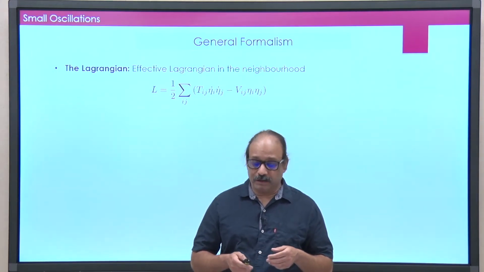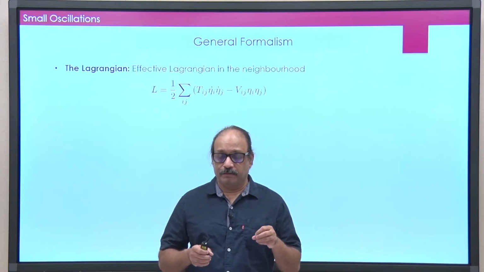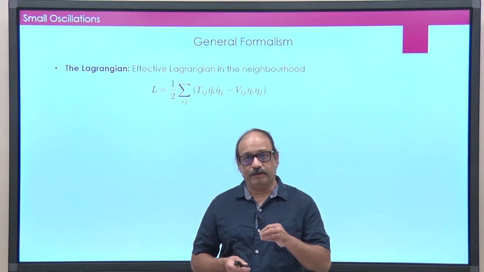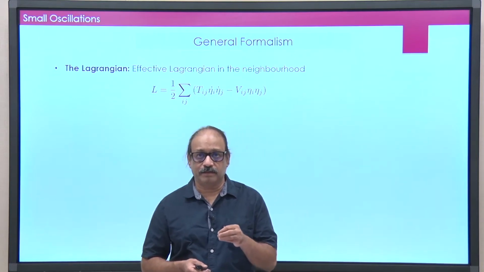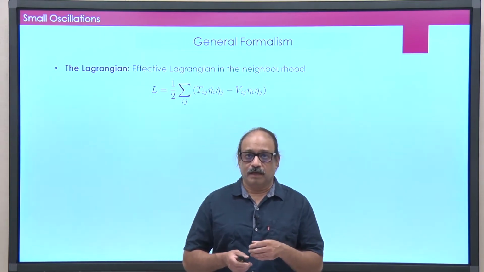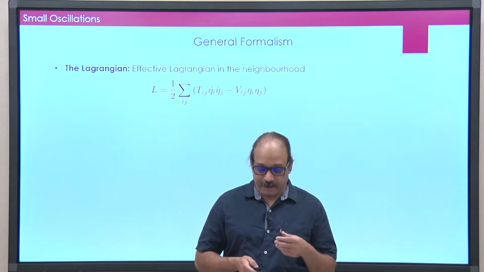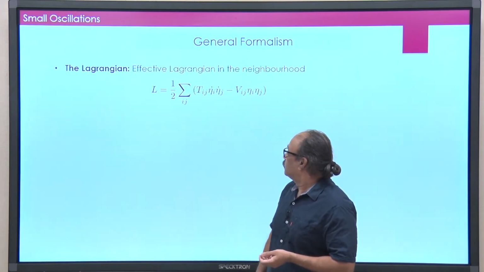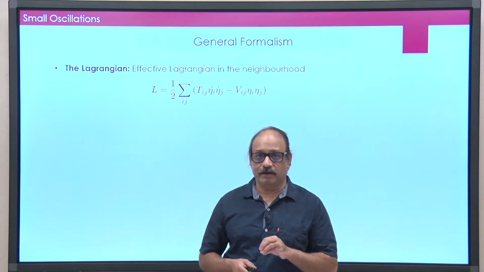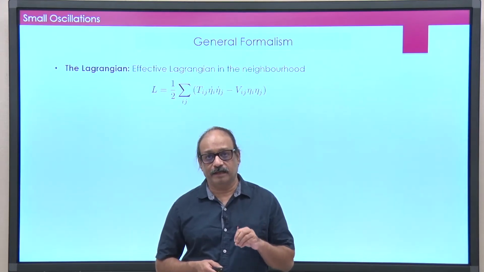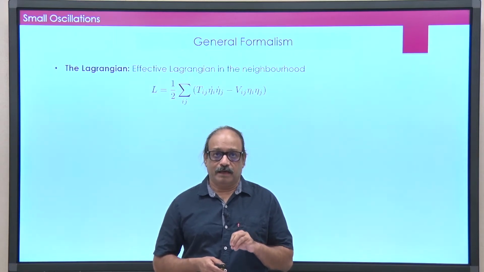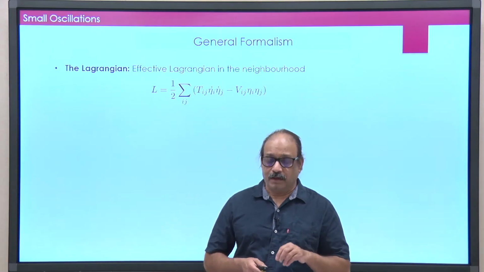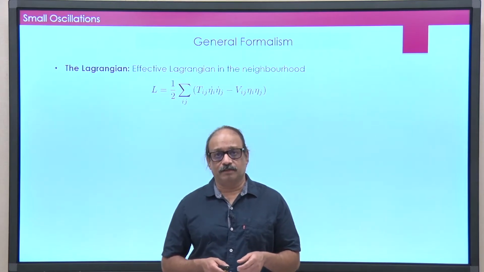Okay. So, small oscillations basically means that you have a system and there is a stable equilibrium, and if you take very small deviations from the stable equilibrium, then of course, you get the linearized system, the Lagrangian for which we wrote in our lecture as half of T_ij eta_i dot eta_j dot minus V_ij eta_i eta_j. Here, eta_i is the deviation of the ith coordinate from the equilibrium position, and similarly eta_i dot is the corresponding velocity.